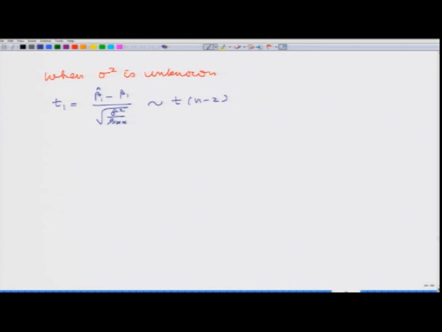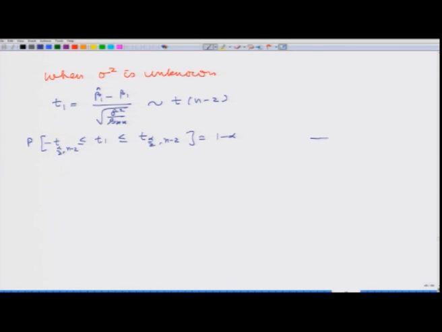Now based on this statistic, on similar lines, I can find the confidence interval: the statistic T1 lies between minus t alpha by 2, n minus 2 and plus t alpha by 2, n minus 2, and the probability of such an event is 1 minus alpha.